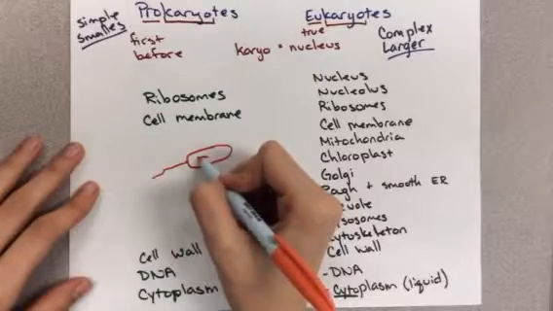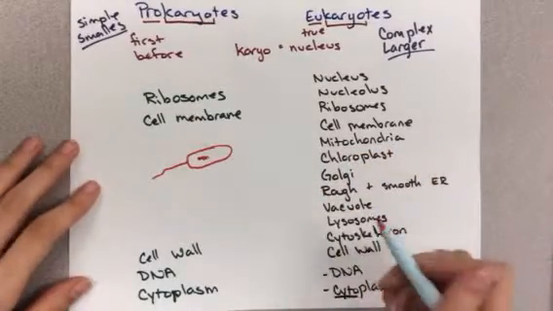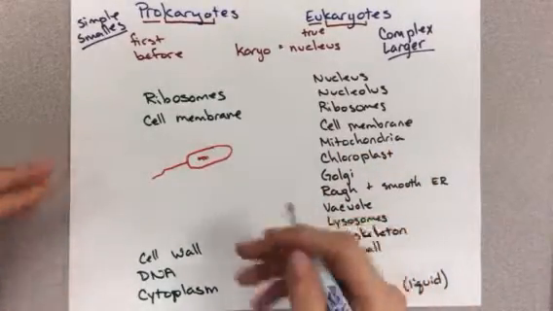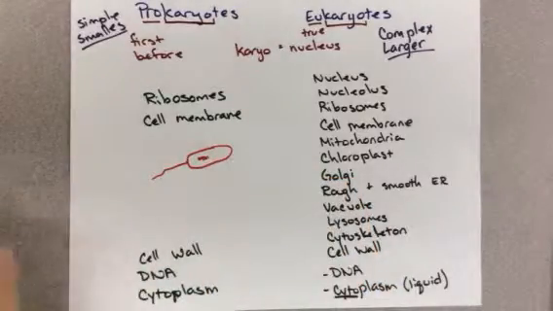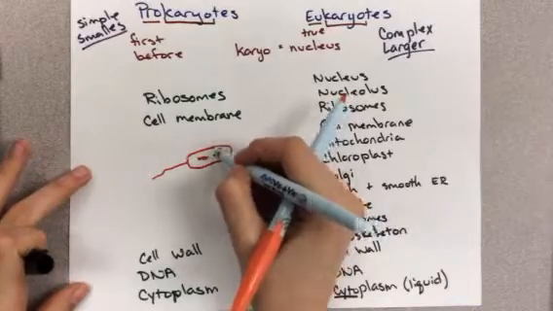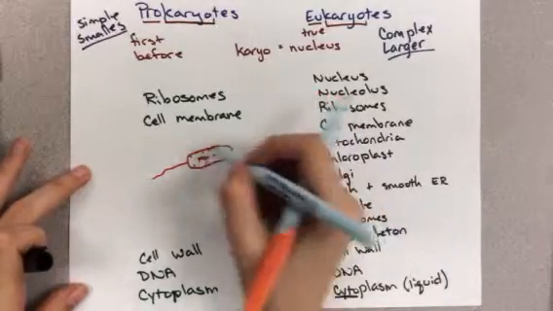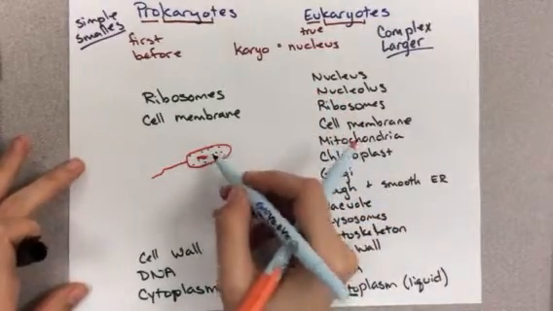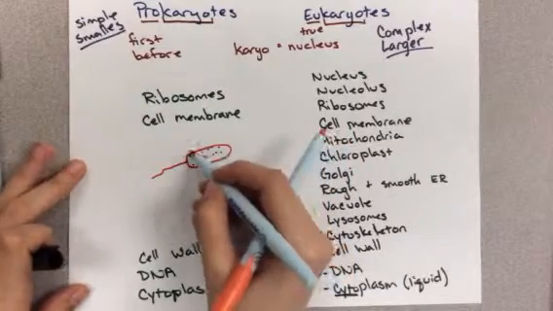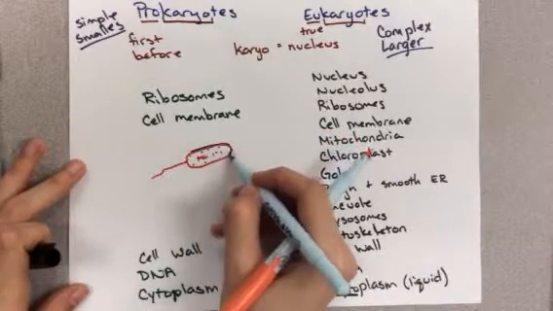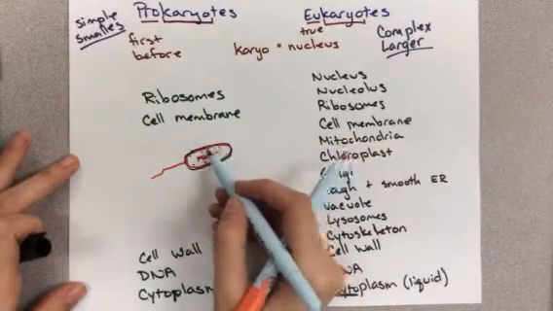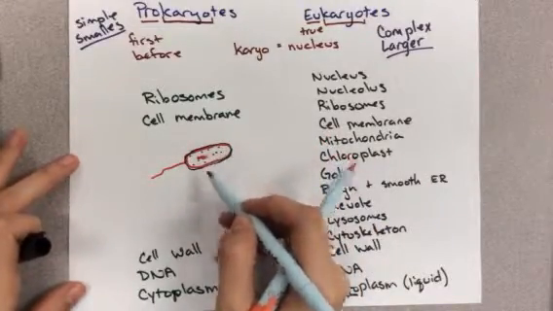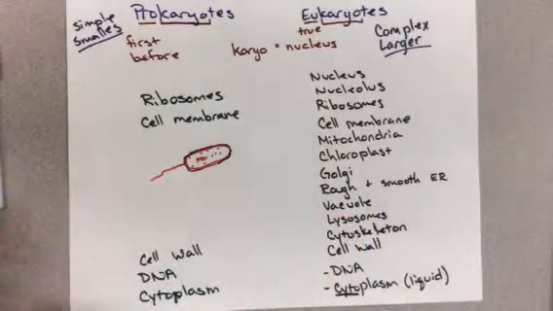It's floating around in a specific region, but it's not enclosed in a nucleus. And it has ribosomes. That's pretty much the only thing that you see in a prokaryote: the cell membrane, and sometimes that cell wall outside of the cell membrane, with DNA and ribosomes inside, floating around in the cytoplasm.